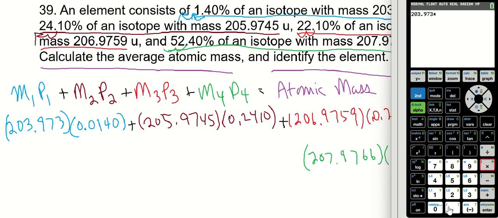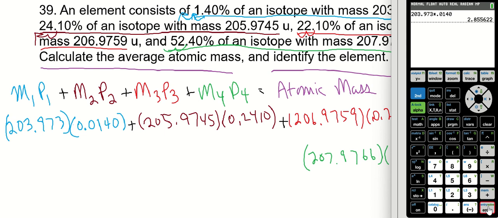203.973 times 0.0140. I'm going to write these separately so I can see the sig figs. That's 3 sig figs times much more than 3, so I can only have 3 digits here.